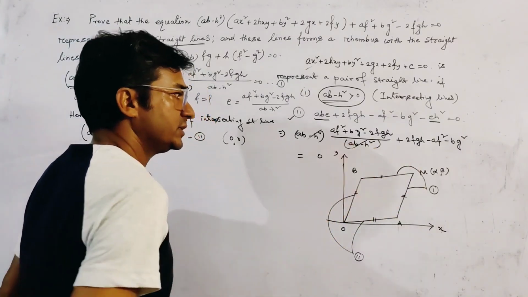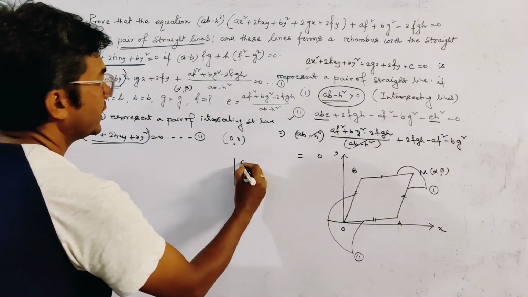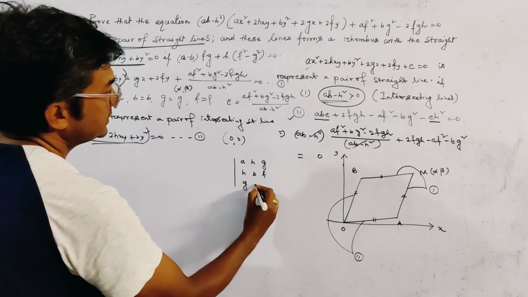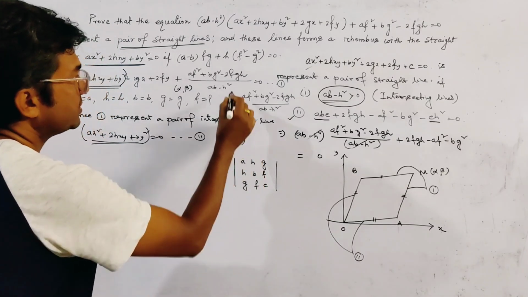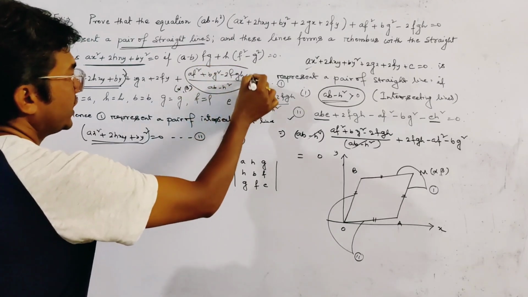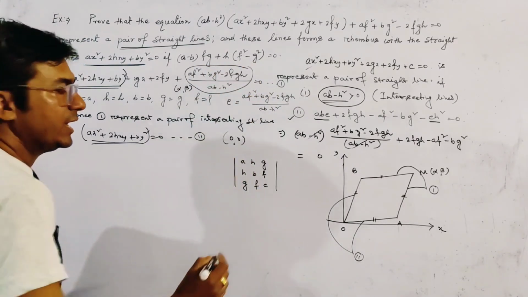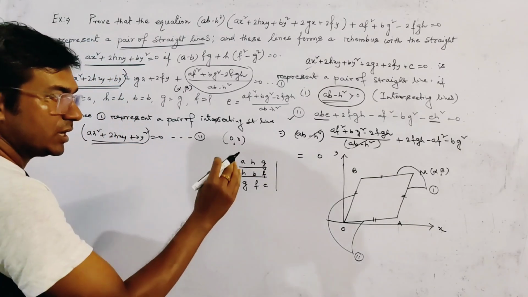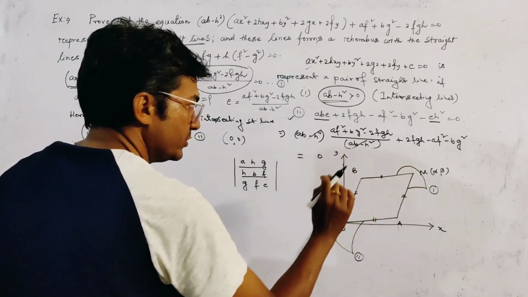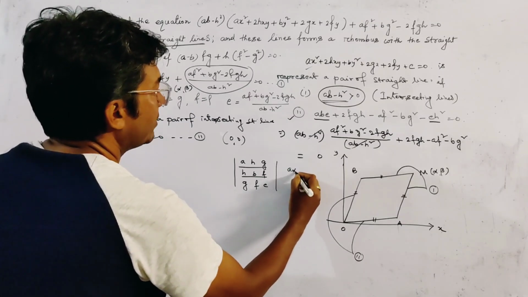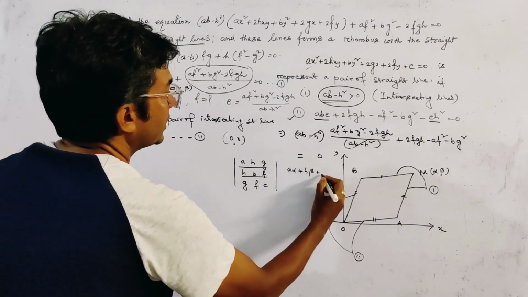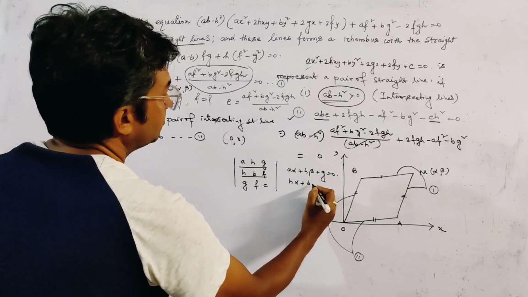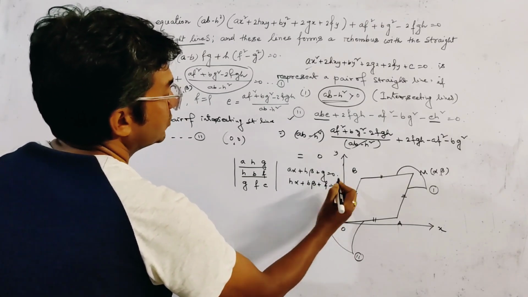We know that if we write the determinant AHG, HBF, GFC, where C is given by this term, then the first two rows give the point of intersection M. We write A alpha plus H beta plus G equal to 0, and H alpha plus B beta plus F equal to 0.